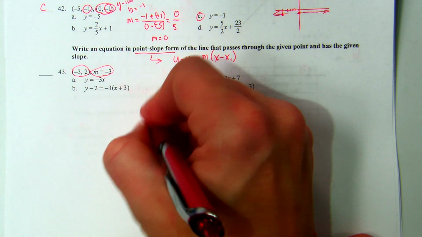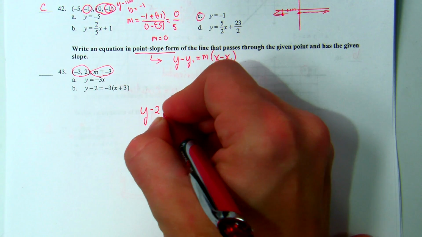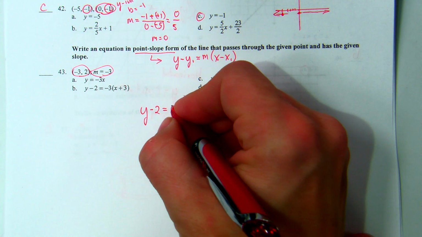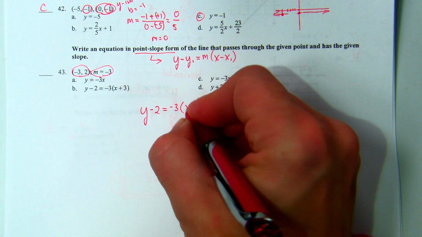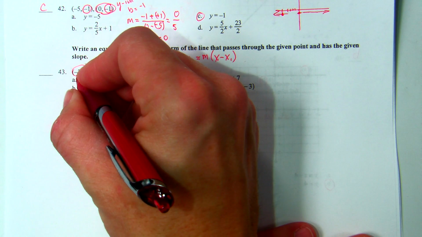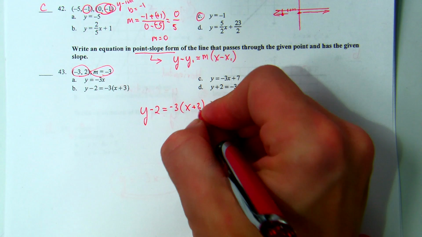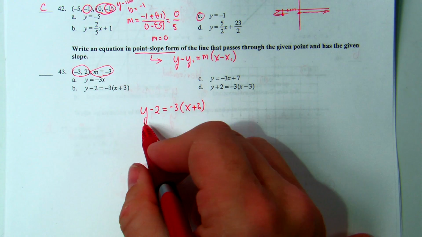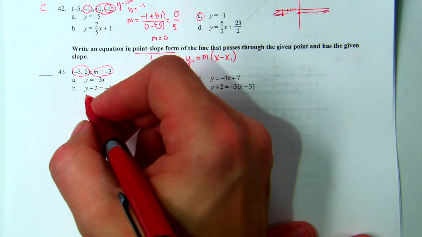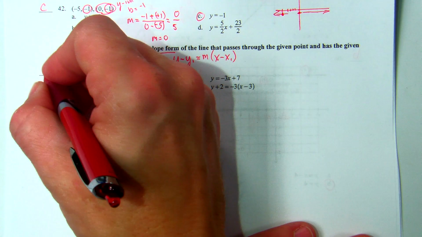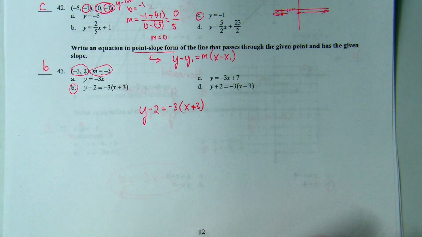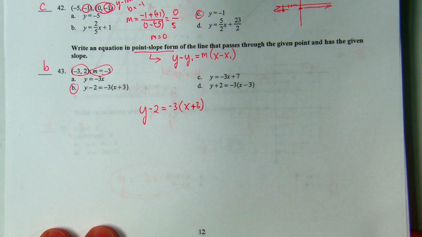We're done. Y minus 2 is going to equal the slope of -3 times x minus the -3, which means x plus 3. So where do we have that one? Answer should be B, 40 on 43. Y minus 2 equals -3 times x plus 3 in parentheses.